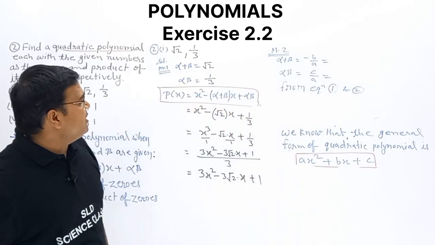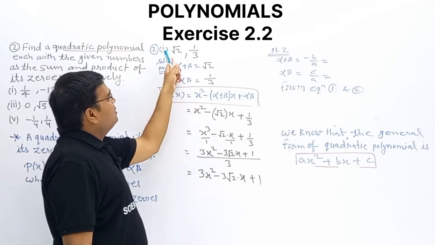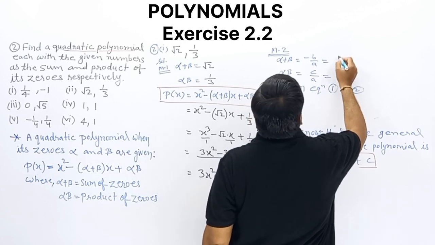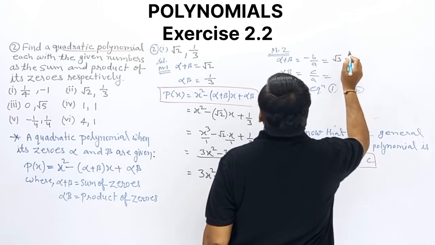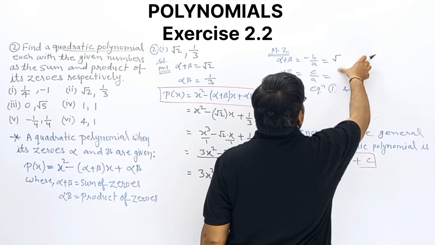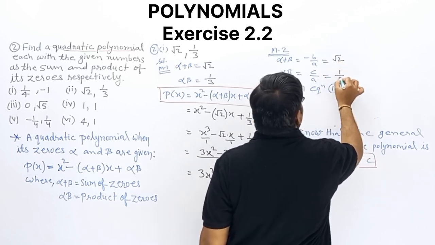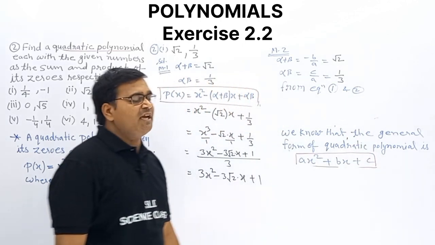In the second method we are having alpha plus beta equal to minus b upon a, and alpha plus beta is root 2, it is given, and the product of the zeros is 1 by 3. Clear? Observe carefully.